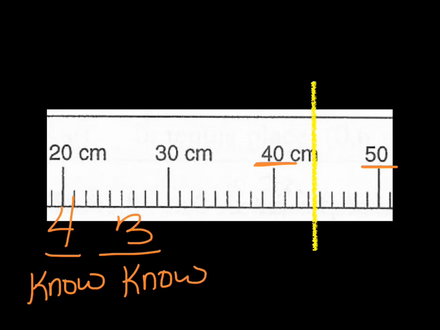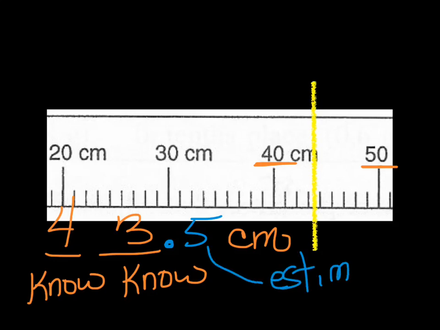And from there we can make an estimate, and I'm going to say 43.5 centimeters. Again, you may have estimated something other than 0.5. That's the reason it's an estimate. All right, what's our sig figs? 3 sig figs.